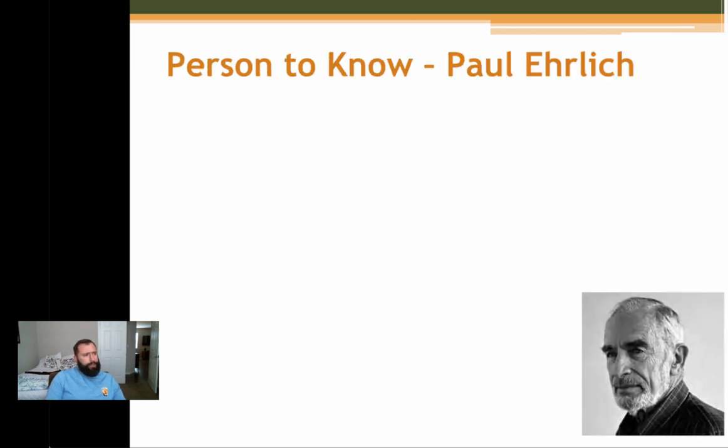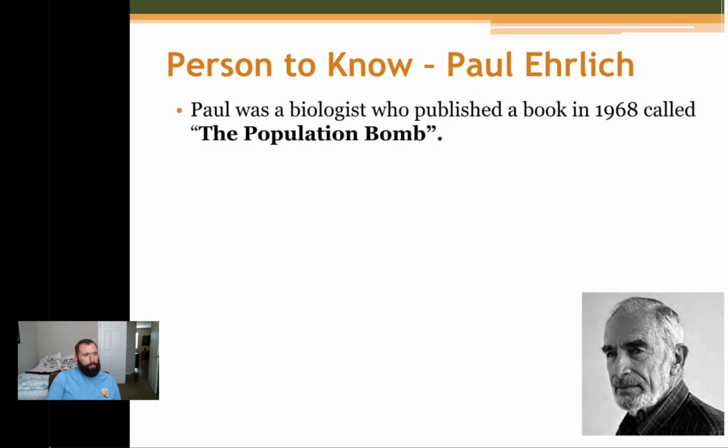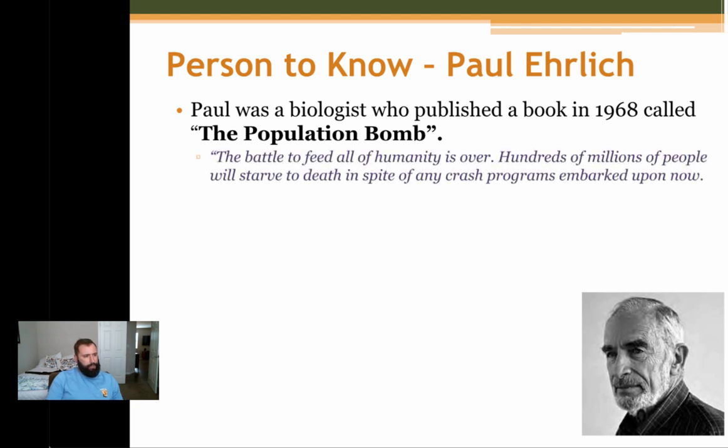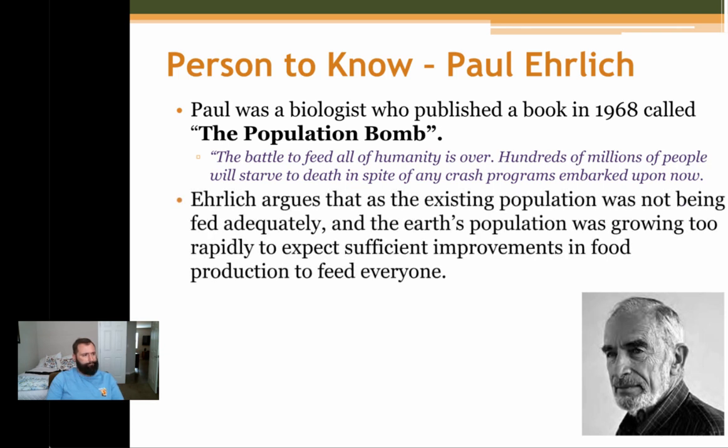Anyway, here's somebody to know that'll come up in discussions on famine and populations: Paul Ehrlich. He published a book in 1968 called The Population Bomb, kind of controversial. One of the quotes: "The battle to feed all humanity is over. Hundreds of millions of people will starve to death in spite of any crash programs embarked upon now."